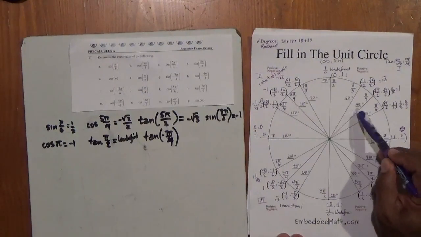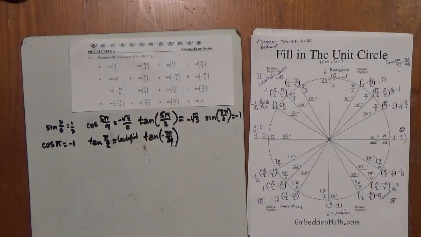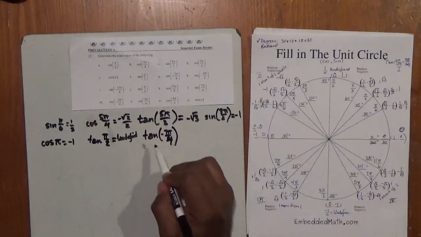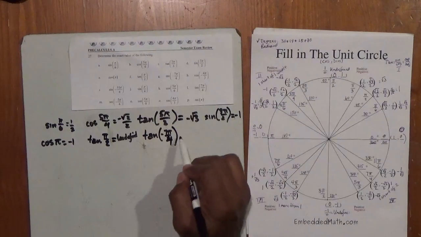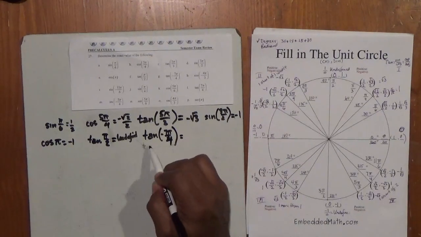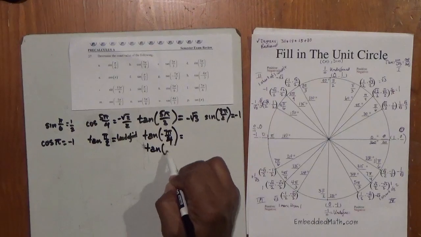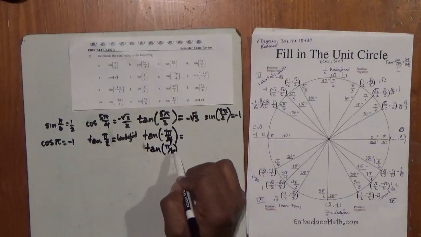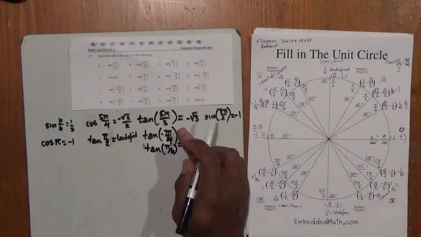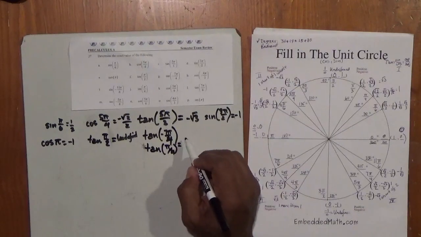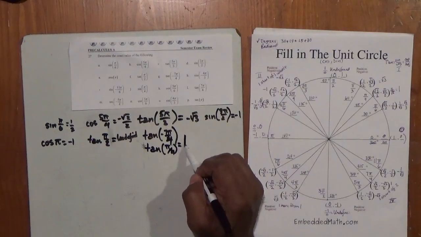And so what that's equal to is 45, or pi over 4. So this is also equal to tangent pi over 4, which is equal to 1.